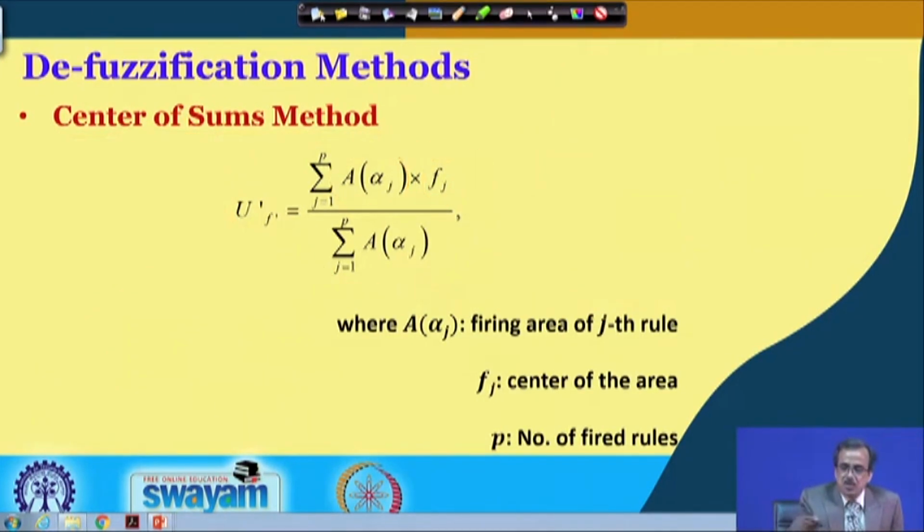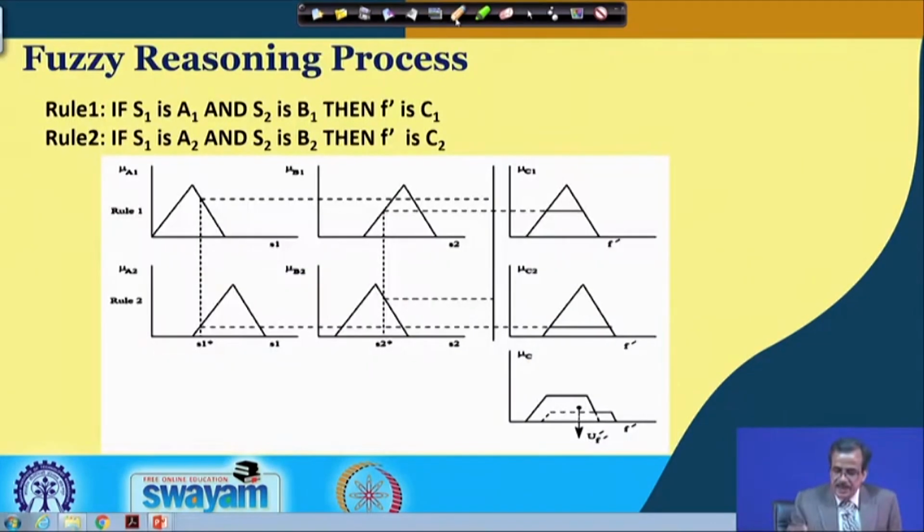Now, if I go back to the slide, if this is one area, I know this area and center of area, and this is another area, and I know the area and center of area. So, this will be the crisp output. We can find out the crisp output, and while controlling the process, we will have to depend on this crisp output.